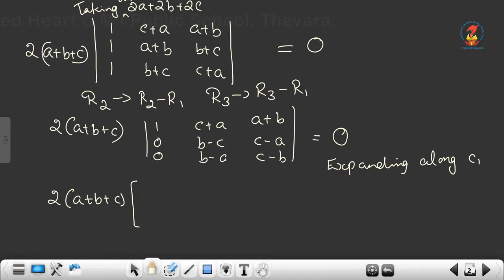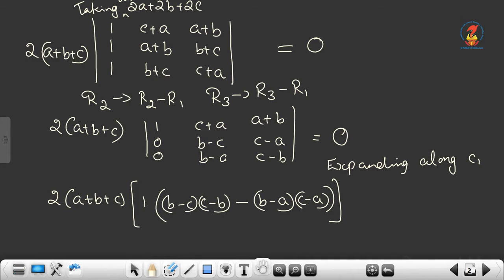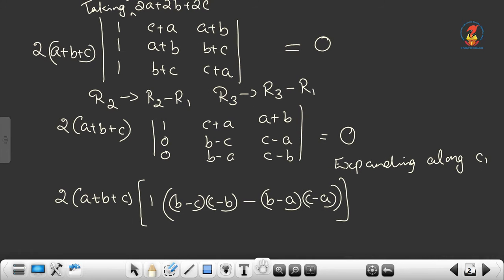So, only one element in C1, remaining zeros. So, 1 into, delete the row and column. So, we get this determinant, then cross multiply: (B minus C) into (C minus B) minus (B minus A) into (C minus A). Then close the bracket. That is equal to 0. That 0 is given in the question.